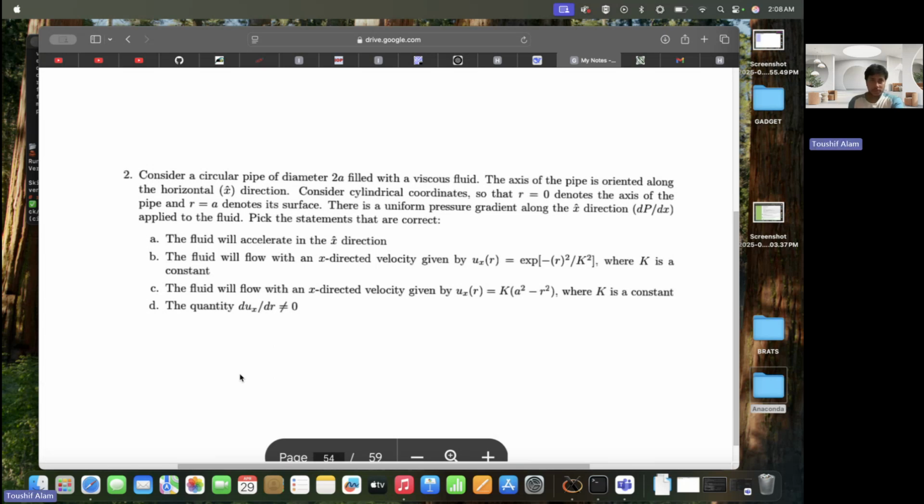So as you understand this question, the pipe is circular and the diameter is given, so the radius is a.